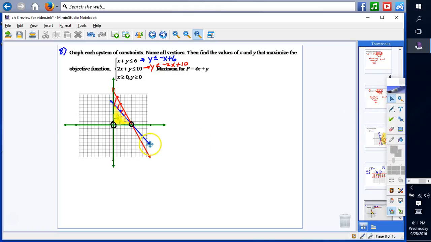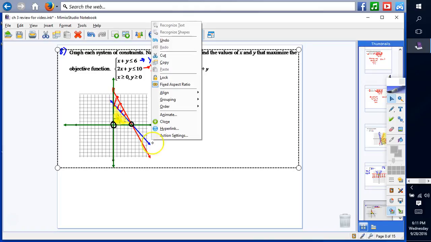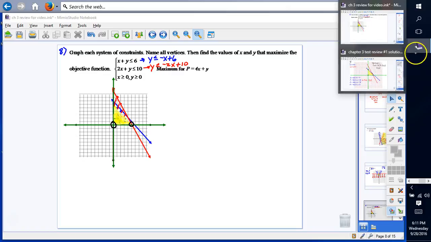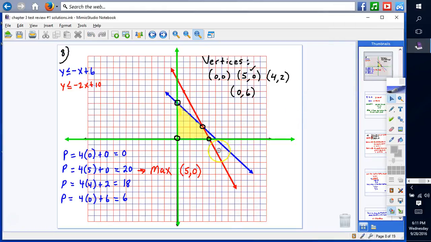So I'm going to see if I can just tilt it just a little bit. Make it work. Yeah, I think that's okay. Because looking back at our answers, the red should be crossing right there at 5, 0.